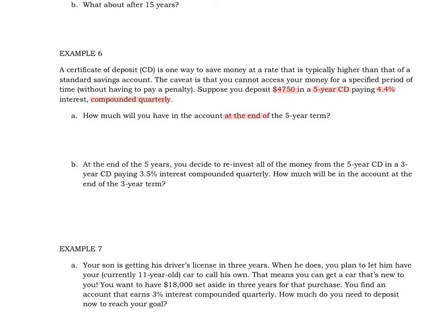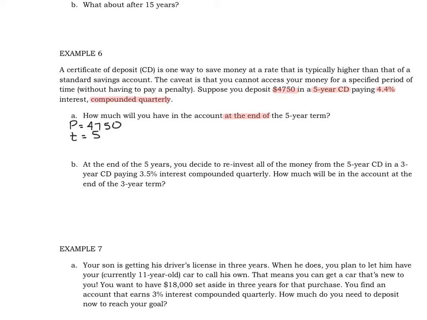So I highlighted all this information because it's really important that we read everything here to figure out what we need to do. Compounded quarterly. That looks like compound interest. We have how much we deposited. Looks like we're just depositing it one time, right? In a 5-year CD, looks like our time is 5 years.